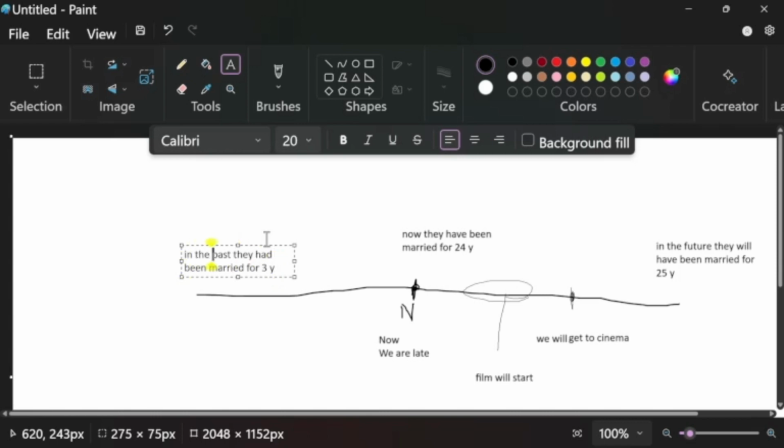This is why you put, for example, in the past, when their son was born, then you understand a moment in time. They had been married for 3 years. You don't just say they had been married for 3 years by itself. It's always in relation to another action in the past. When their son was born, you see? You have to place it in time, pinpoint the time.